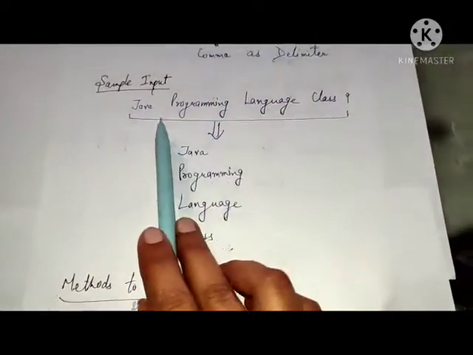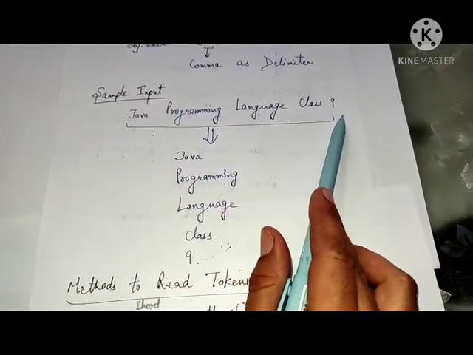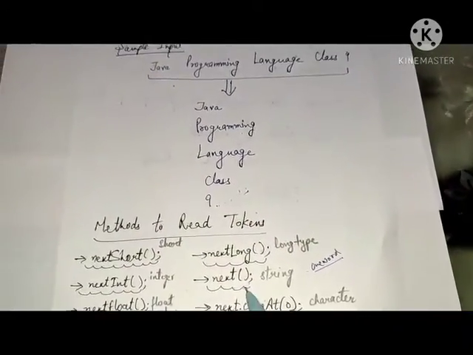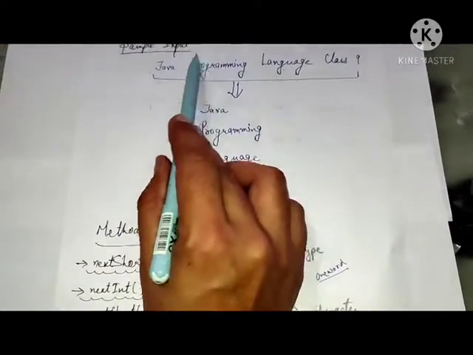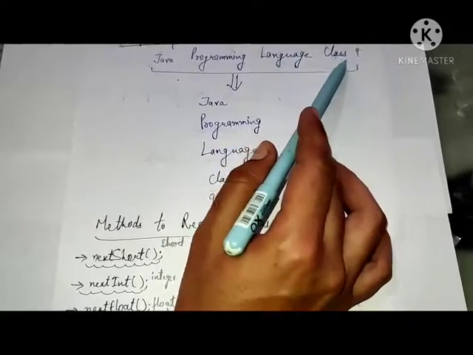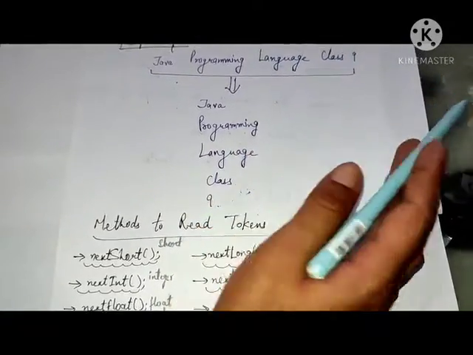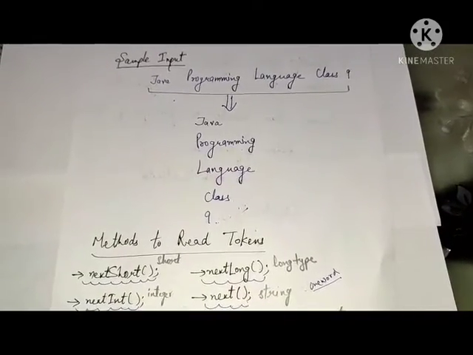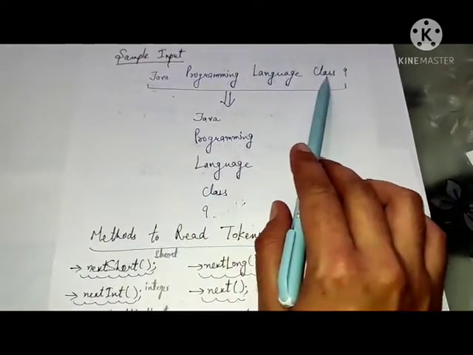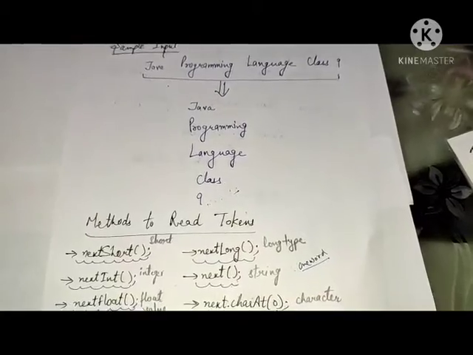If we are writing Java programming language class 9, then the next method will receive firstly Java, then programming, then language, class and 9. But if we use nextLine, it receives the input one line at a time, Java programming language class 9 at a time.